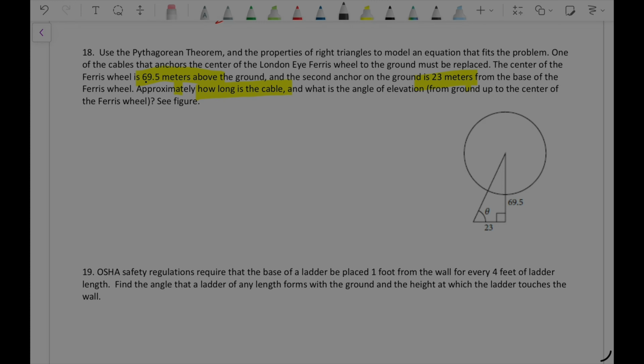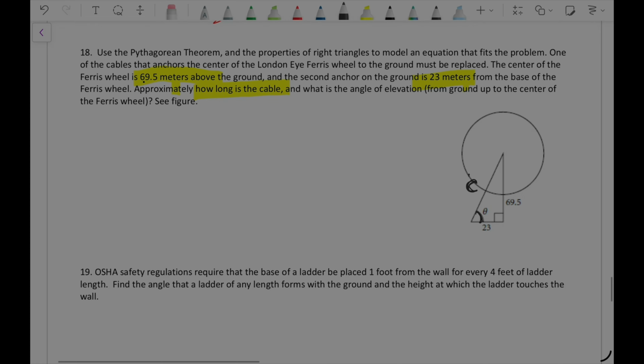All right, so they want to know this length. I will call it C. And they want to know this angle theta. Okay, well, the easy one will be C, which is Pythagorean theorem to find that. So Pythagorean theorem, a leg squared plus the other leg squared equals the hypotenuse squared.